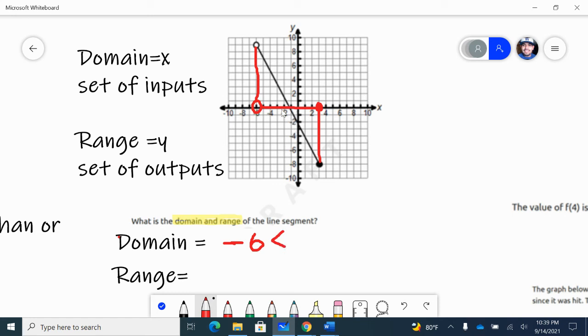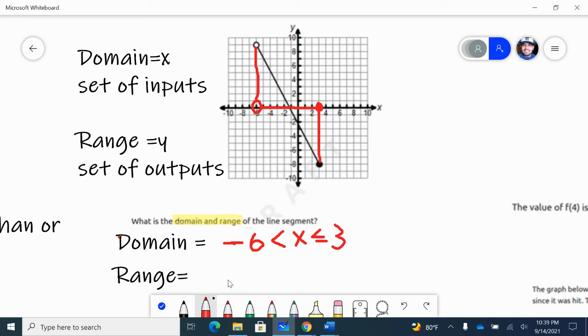Notice how x is in between -6 and 3, and it's an open dot, so it is not equal to. X is my domain, so I have to put an x because this is a set of x's. Now x is less than or equal to 3, because it's a solid dot. So that is my domain. My domain is any x between -6 and 3, which is what this says. X has to be greater than -6, and x has to be less than or equal to 3.